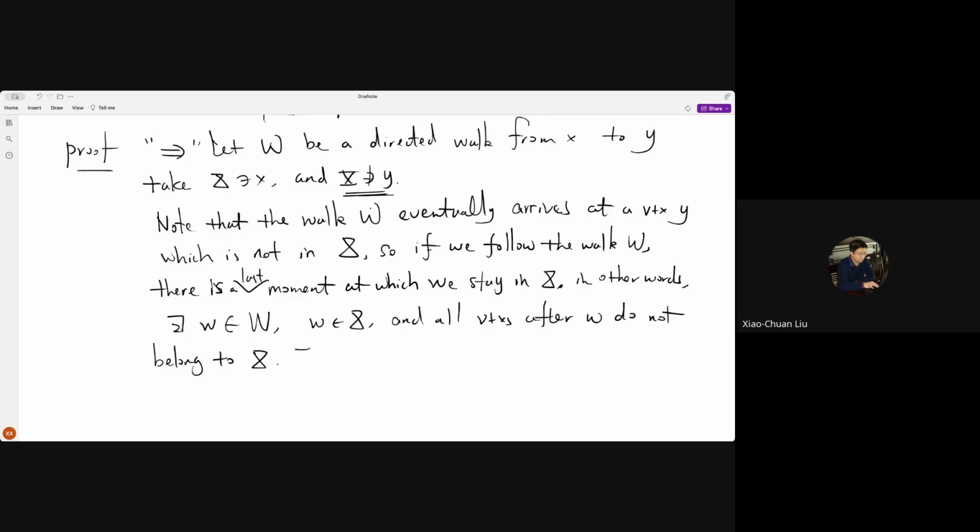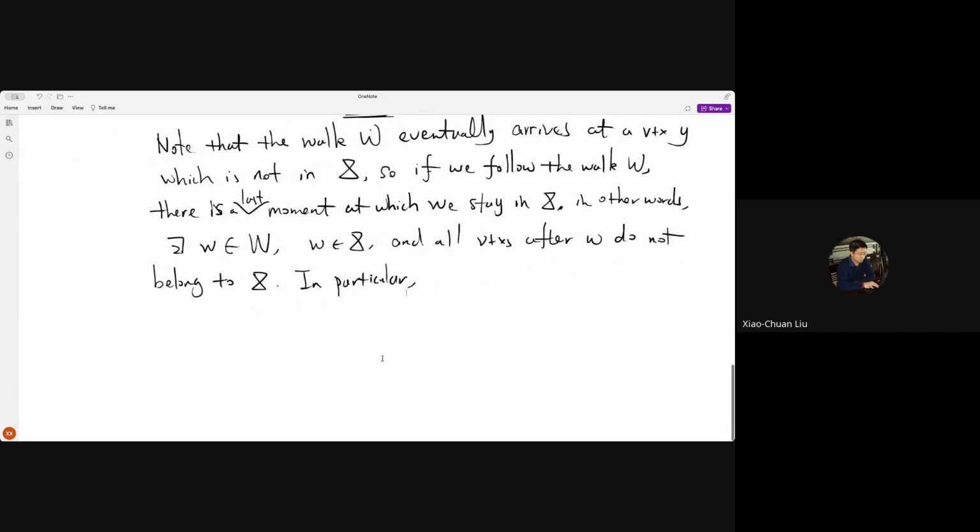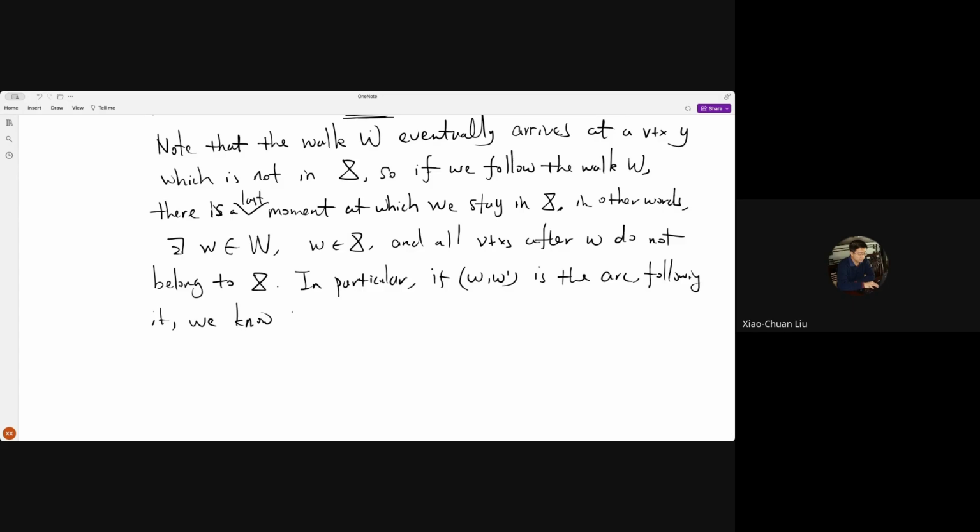Okay, so in particular, if we follow w, so if w prime is the arc following it, we know that w prime does not belong to x.